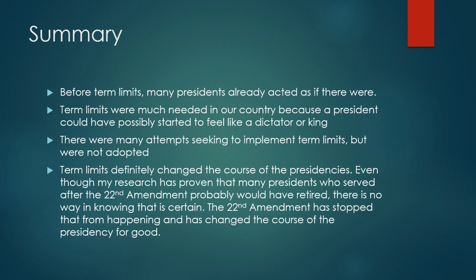Term limits definitely changed the course of the presidencies, even though my research did prove that many presidents who served after the 22nd Amendment probably would have retired. There's no way of knowing that that is certain. But the 22nd Amendment has stopped that from possibly happening, and it's definitely changed the course of the presidency for good.